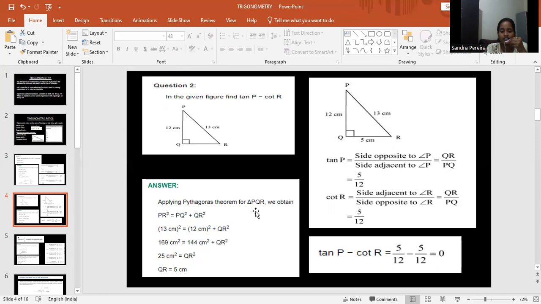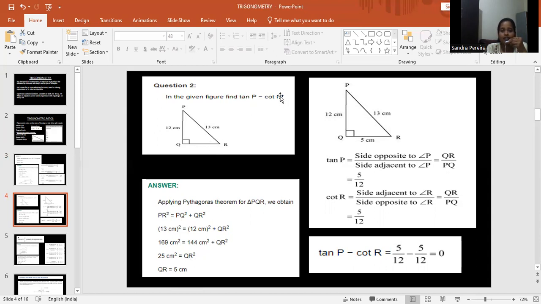Applying Pythagoras theorem, you can write PR square equals PQ square plus QR square, where PR is hypotenuse, PQ is perpendicular, and QR is base. By solving this equation, we can find QR, and QR is our base. So we got this side also, B equals 5 centimeter.